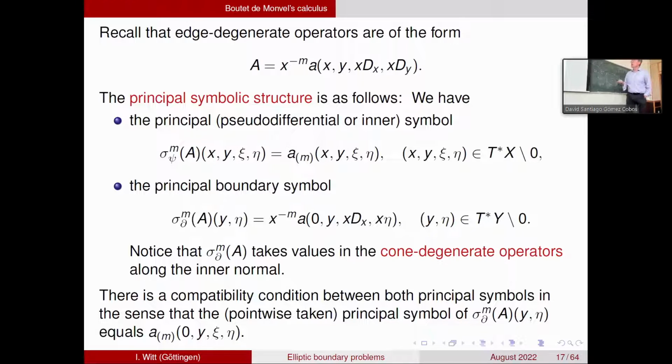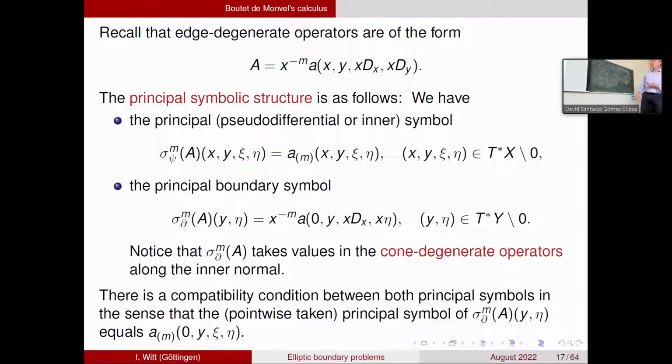Then we get a second one, which is exactly what I showed you here, the invertibility of these elliptic operators for this operator. What is this operator?